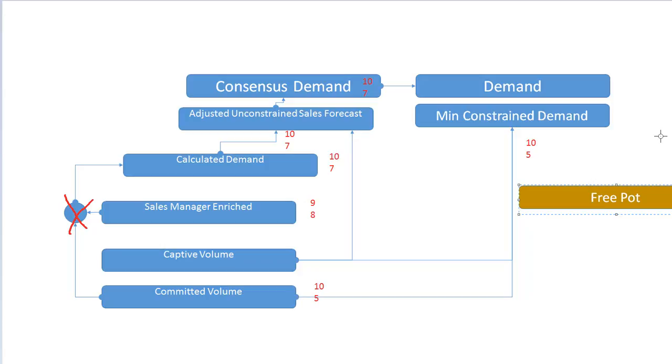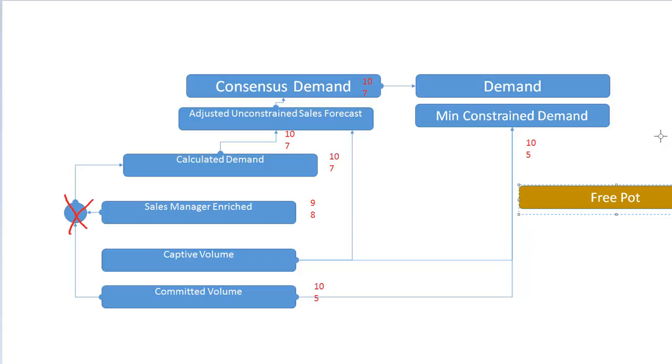At the same time, another key figure is being calculated. This key figure is the free-pot. The free-pot is not an input to the supply chain operator, but it is very helpful since it allows the planner to see which is the difference between the total demand represented by the consensus demand and the committed volume.